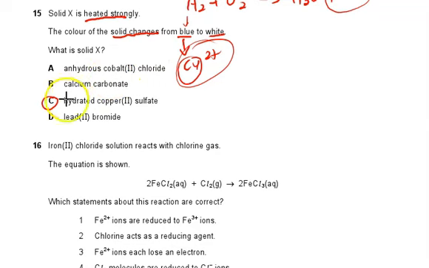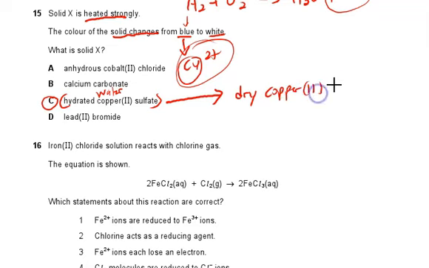So here you will have water, which shows the solution to become a blue color. Once you heat it up strongly, the water will get evaporated and you will be getting a dry copper 2 sulfate, which eliminates the presence of water and you'll be getting white. Okay, this is for number 15.